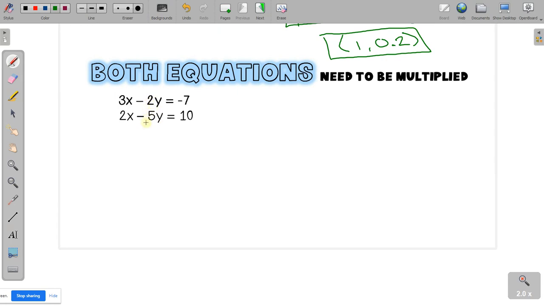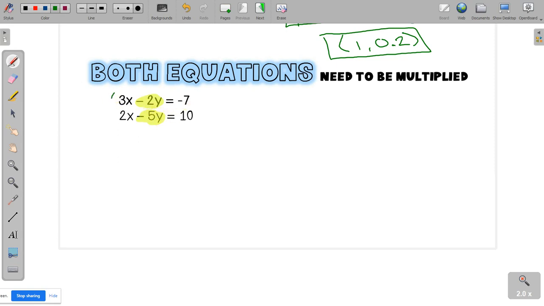So now we need to find the least common multiple to get the same number for either the x or the y's. Here we're going to focus on the y's. So we have 2 and 5. The least common multiple there is 10.